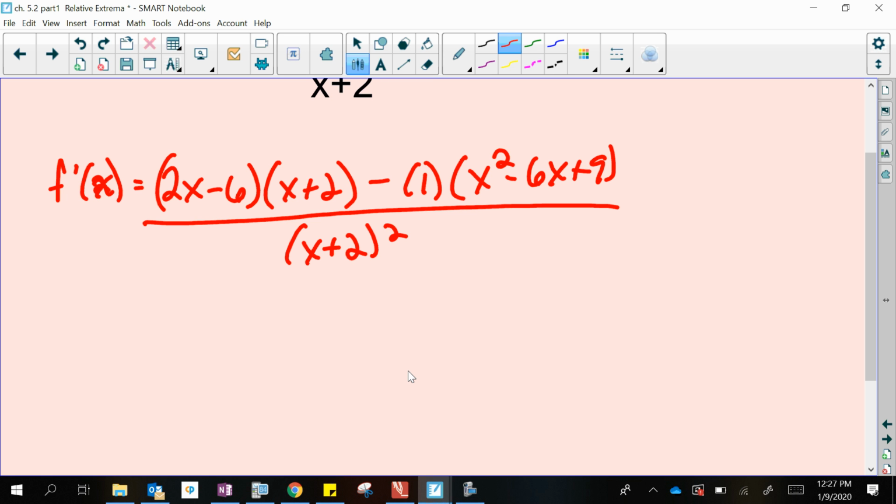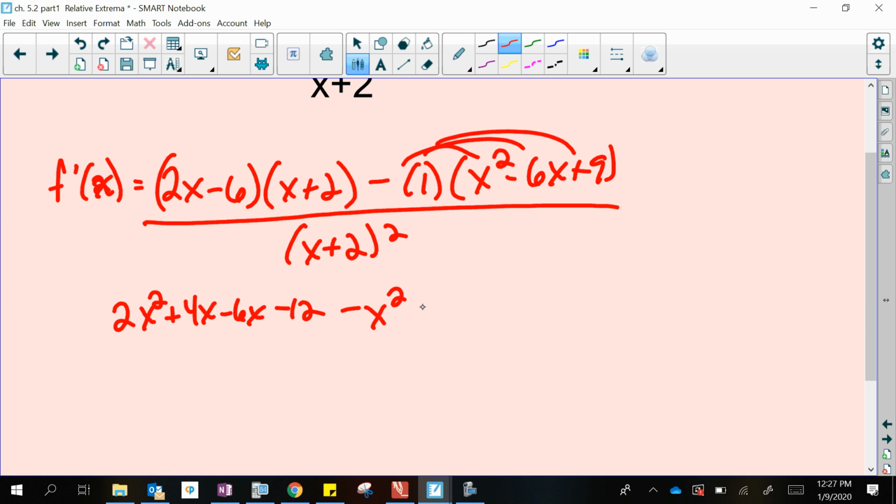Now, how do we simplify that? Distribute or multiply 2x minus 6 times x plus 2, right? So we get 2x squared plus 4x minus 6x minus 12. And then I'm going to go ahead and distribute this negative, so we get minus x squared plus 6x minus 9. Everybody follow me? Okay.